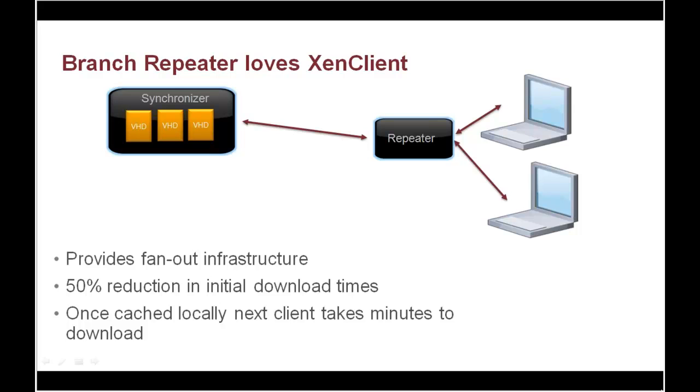So we got a 50% reduction in the initial download times. Once the first person's downloaded the image, it's cached locally. So the next person who came in, it took 3 minutes to download that same image. Now you have it cached locally, and you're not pulling it down over the wire. So branch repeater is this great technology that we've designed to work with XenClient from the start to act as our fan-out infrastructure.